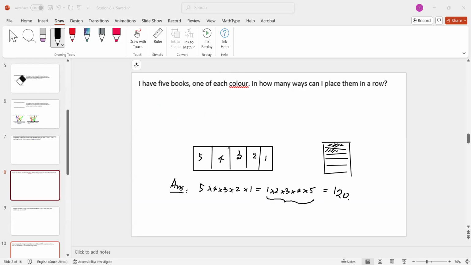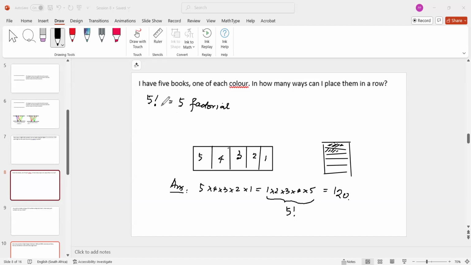If you multiply all the numbers from 1 to 5, then we write this thing as 5 with an exclamation mark outside there. So 5 with the exclamation mark. You read this as 5, and instead of saying exclamation mark, you say 5 factorial.